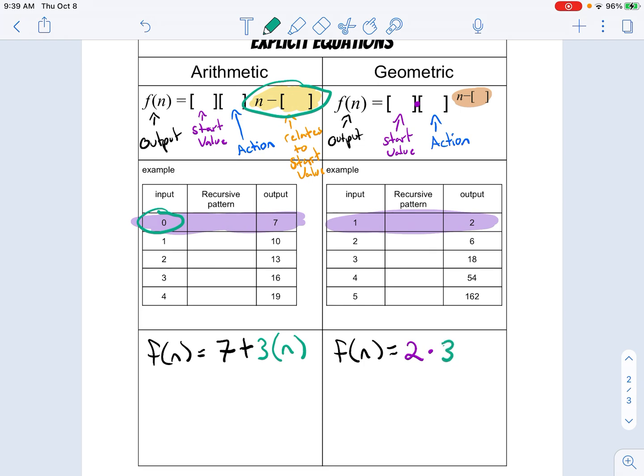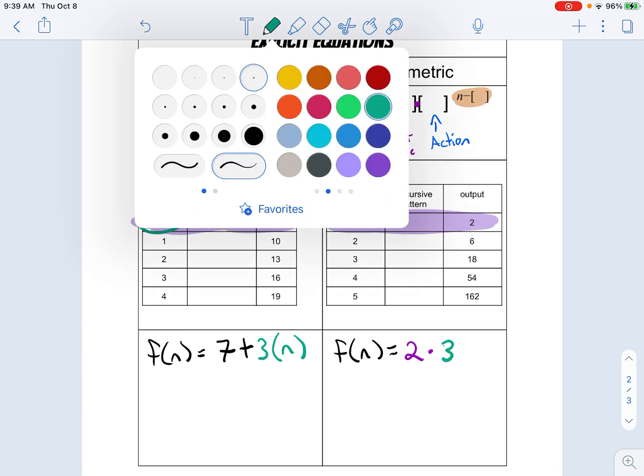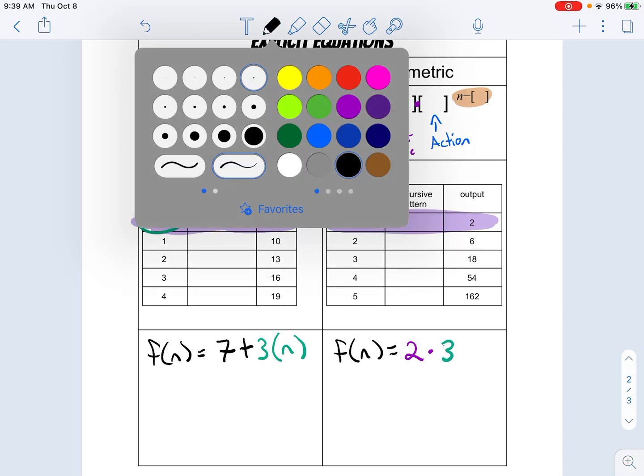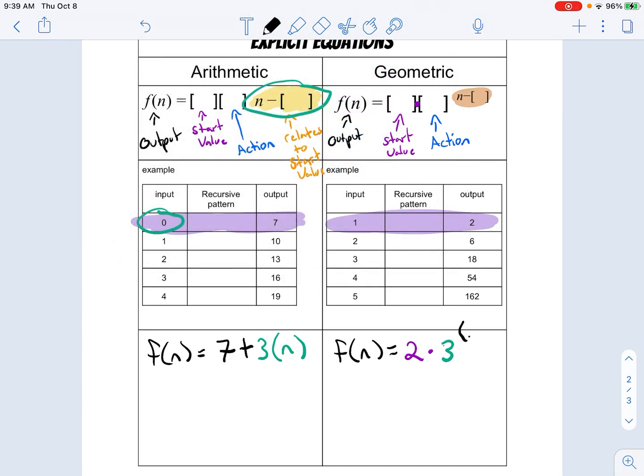And then this repeated multiplication is written as an exponent. So n, but do you see how our start input was 1? We need that to be 0. So n minus 1 will get us to 0.